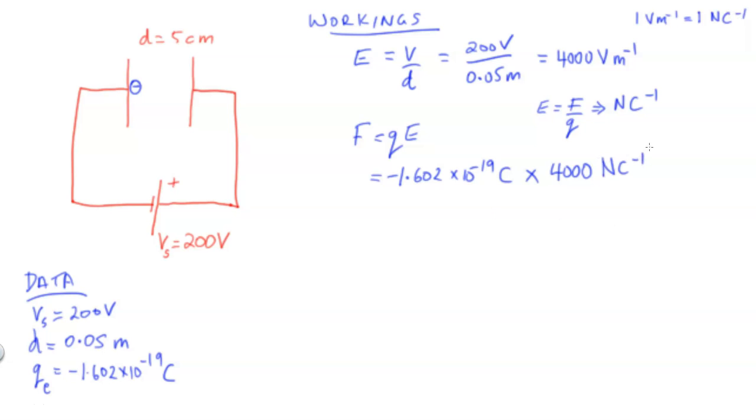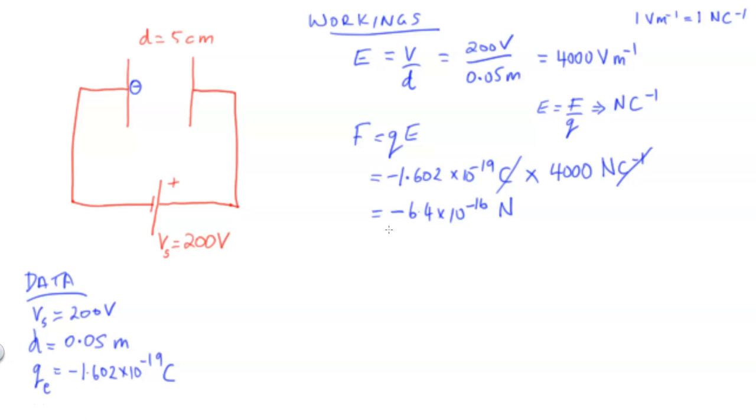All right, so then I can cancel out my coulombs and I'm left with newtons of force, which is what I'm after. So I wouldn't expect you to be able to calculate that in your head, but you should get something like a negative value, 6.4 times 10 to the minus 16 newtons.